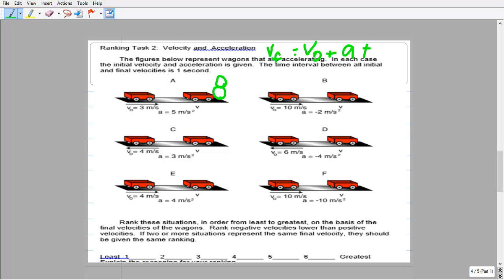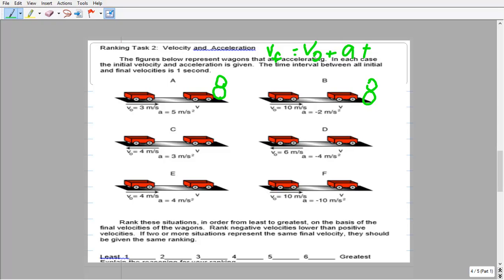In B, I start out at 10 meters per second. My velocity is positive, my acceleration is negative. That means I've got to be slowing down. I start out at 10, but then I add negative 2 meters per second to my velocity, which means that after 1 second I'll also be going 8. In C, notice that I'm starting out at negative 4.